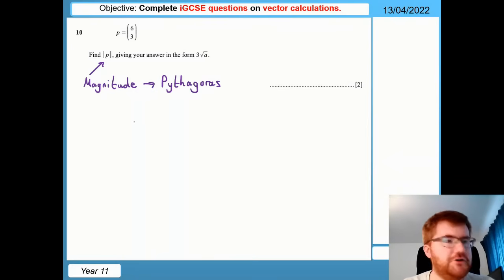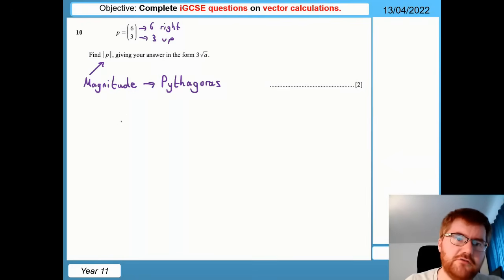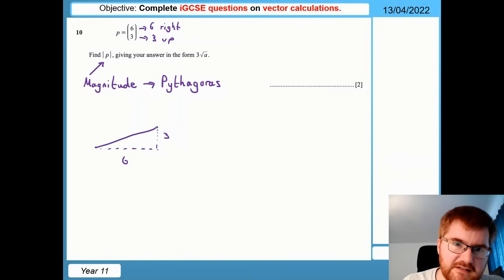So if I just visualize what's going on here, remember this is 6 to the right, so that's what the top number tells us. And this tells us 3 upwards. So if you draw a quick diagram here, essentially we've got 6 going this way and then 3 going upwards. So this is a representation of the vector p.